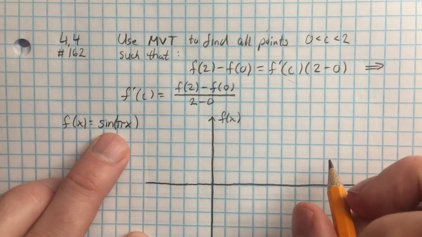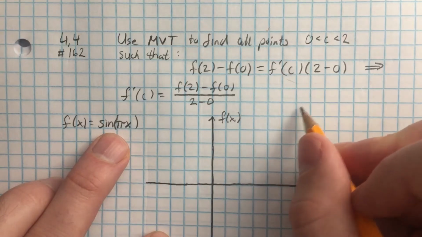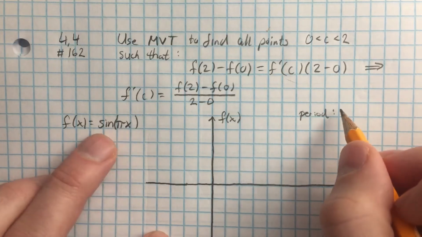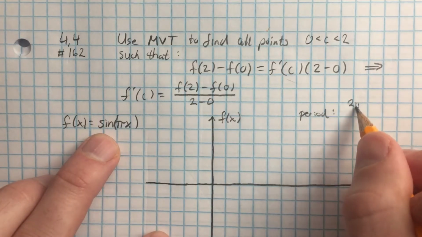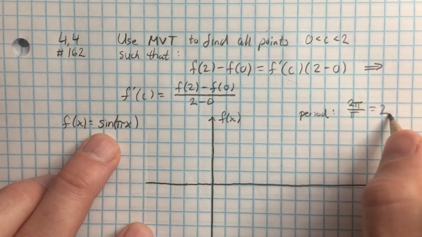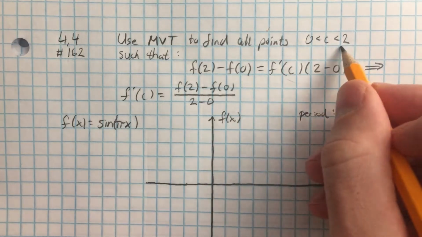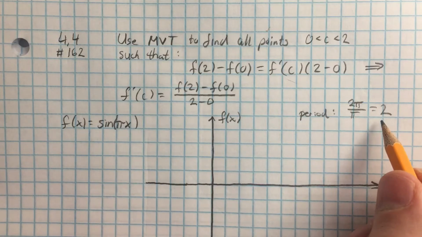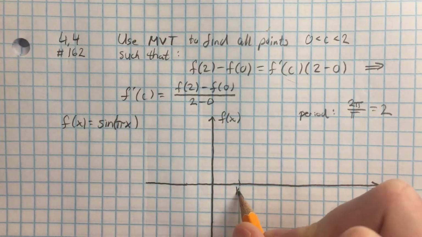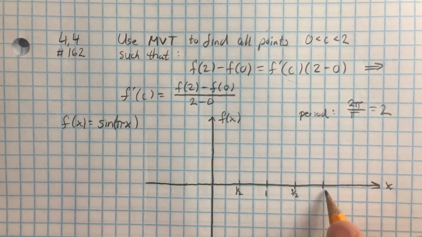So the period of sine pi x is the old period, right up here maybe. Period is the original period of sine function, which is 2 pi, and divide off by the coefficient on x, which is pi, and I get 2. So therefore, from 0 to 2, it turns out I'll have a single period of the sine function. So if we call this, let's do it by halves here, half, 1, 3 halves, 2.